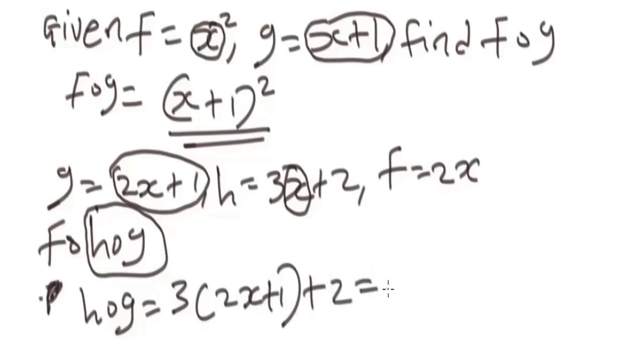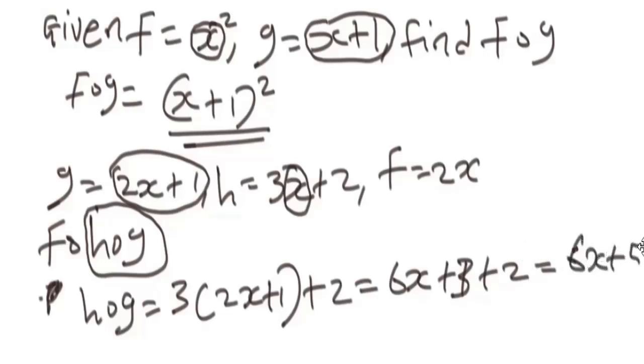So when you simplify this, you are going to have 6x plus 3, then plus this 2 standing here. So when you do the final calculation, 3 times 1 will give you 3, not 1. So you're going to have 6x plus 5. Okay, so this is the value of h of g.